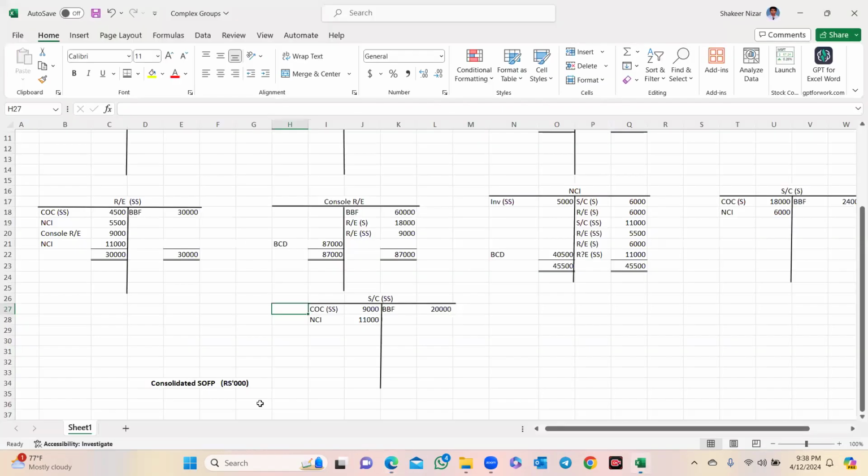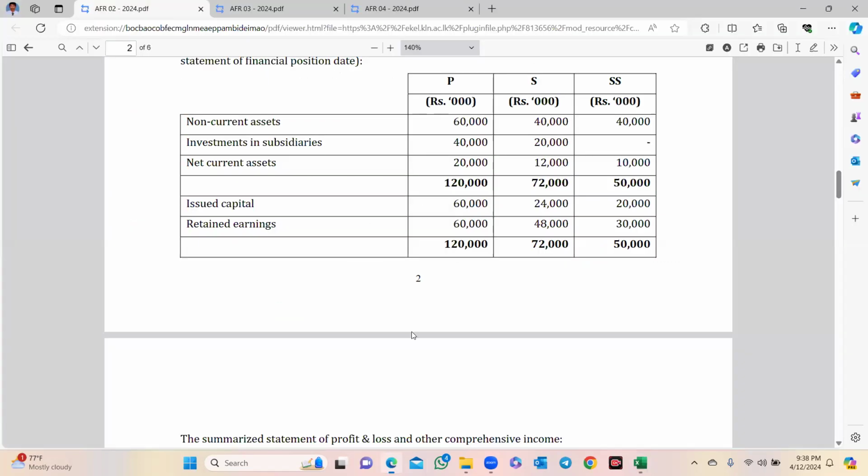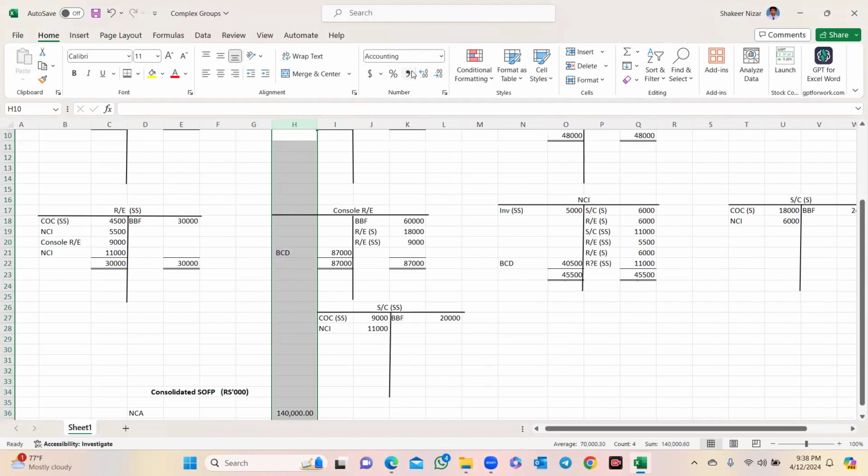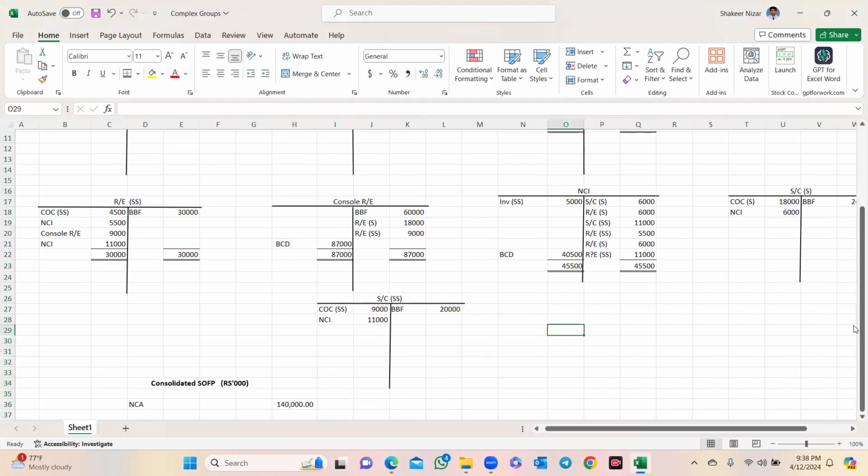Non-current assets, there are no disposals, so just line by line addition. We have 60, 40, 40. It means 110,000, 140,000. So we again have goodwill.